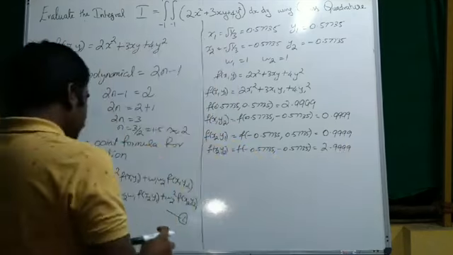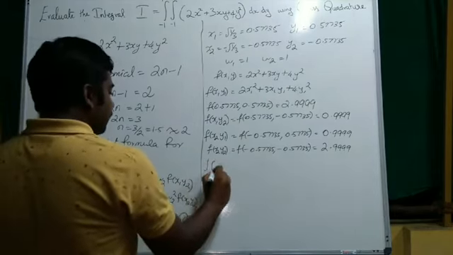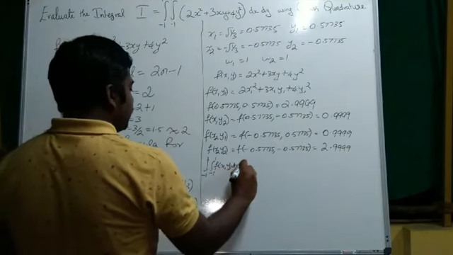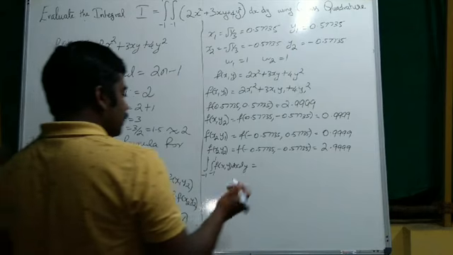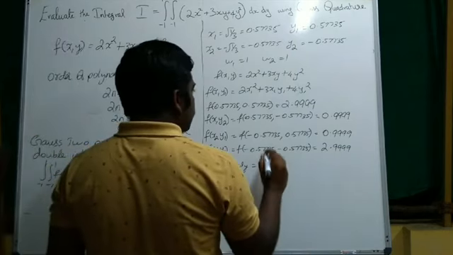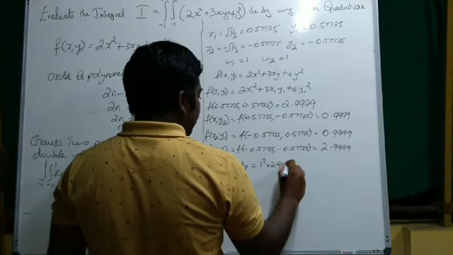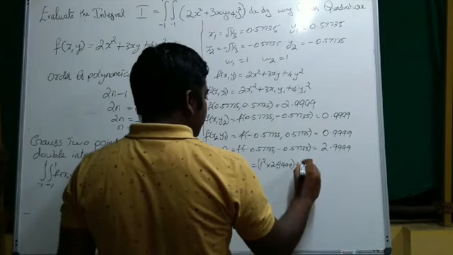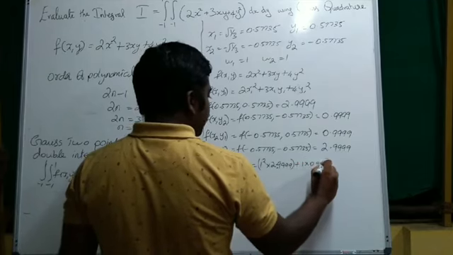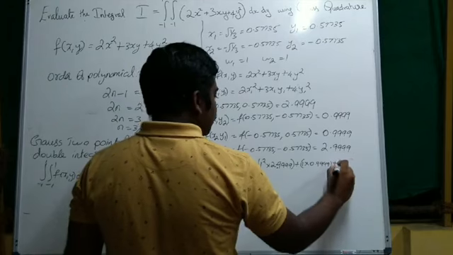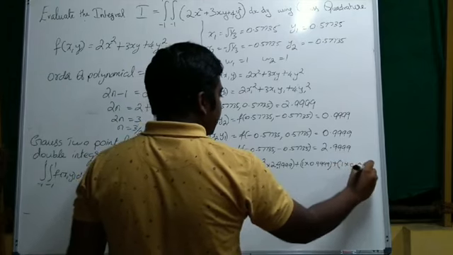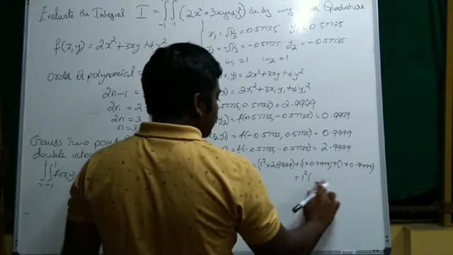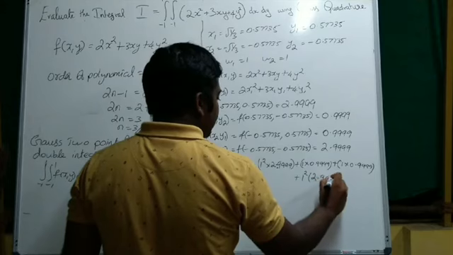Therefore, substituting in equation 1, the integral from -1 to 1, -1 to 1 of f(x,y) dx dy equals w1² times 2.9999, that is 1 squared times 2.9999, plus w1 w2, that is 1 times 0.9999, plus 1 times 0.9999, plus 1 squared times 2.9999.